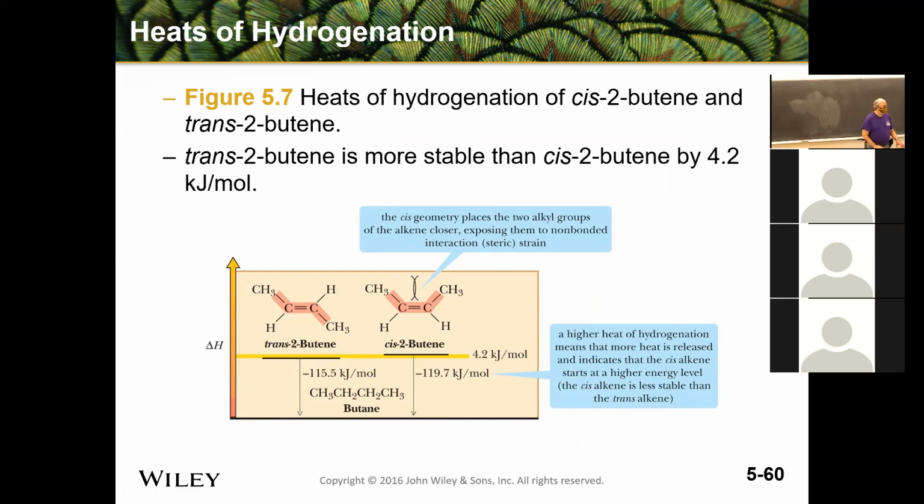So, heats of hydrogenation for cis-2-butene and trans-2-butene. In terms of that, the trans-2-butene is more stable than the cis by 4.2 kJ per mole.